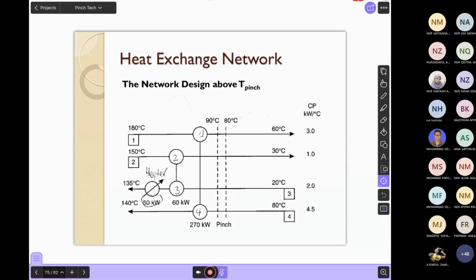Tidur ke? Berapa heat exchanger? Saya tanya berapa bilangan heat exchanger, berapa unit heat exchanger kalau you ada stream number 1 and stream number 4?